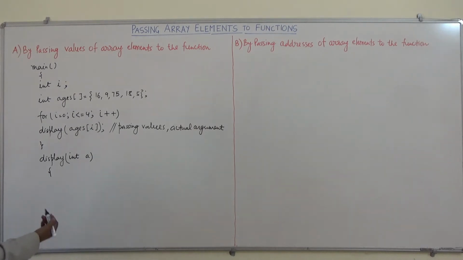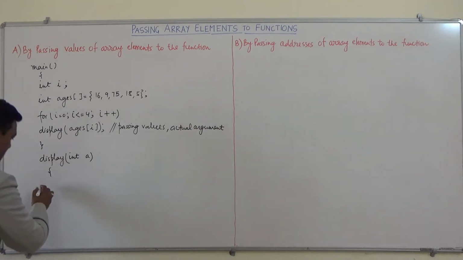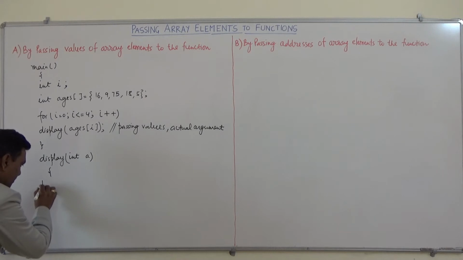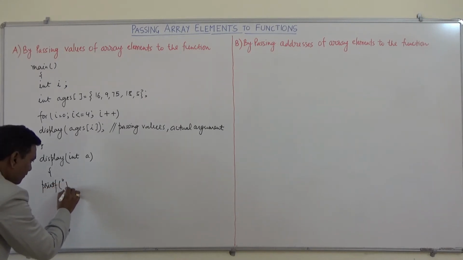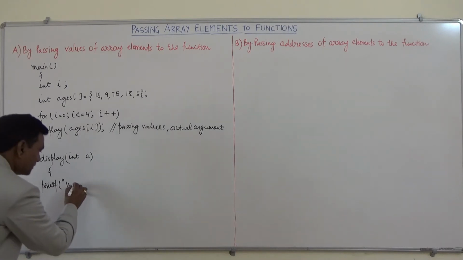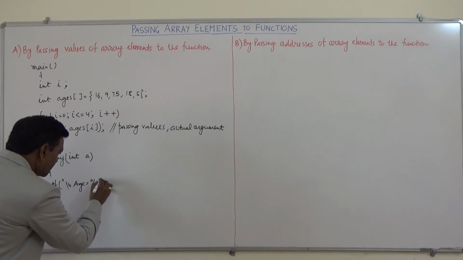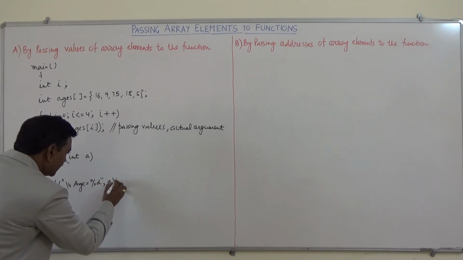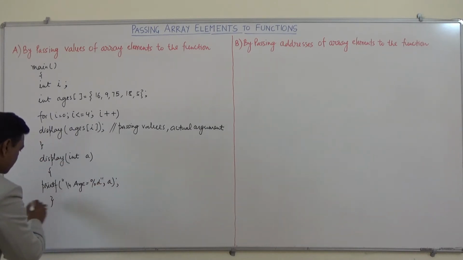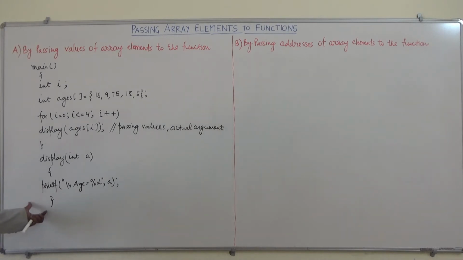Now we can simply print these values. We will use the output function, say age equals to %d and then a. So with the help of this printf function we can print the value of age.